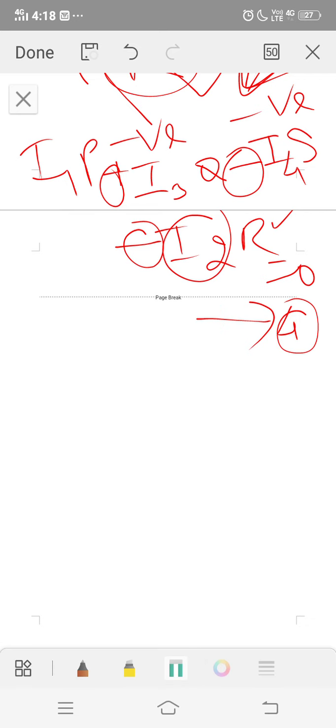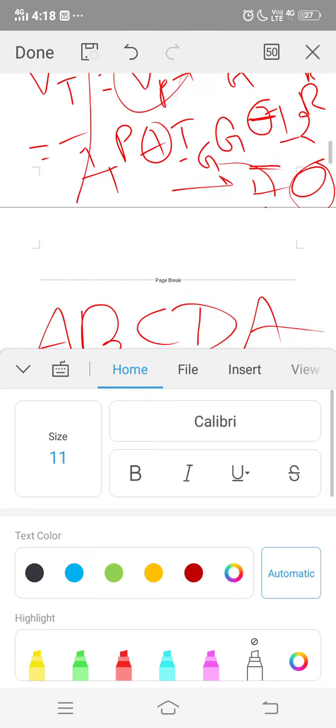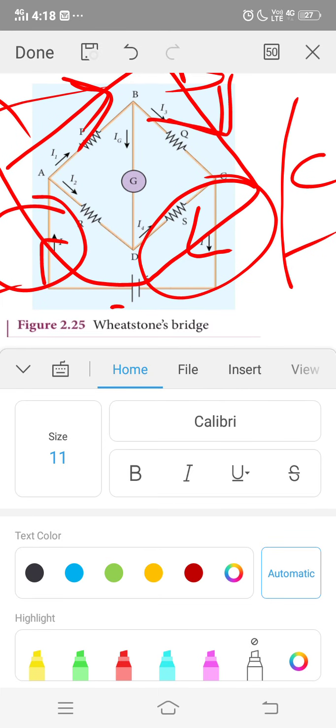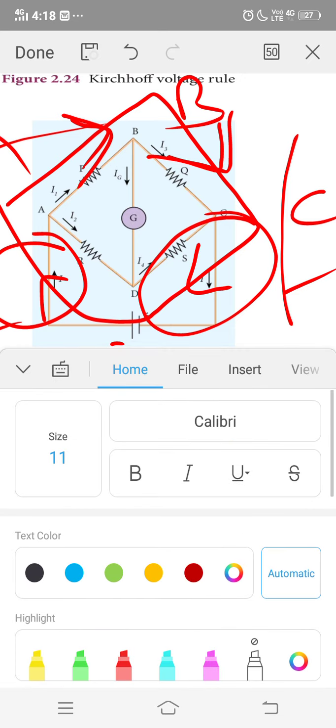And then finally what will we get? The equation becomes... Here, what the Wheatstone bridge actually means is that at one particular current, the voltage drop across the galvanometer gets balanced. When the potential reaching points B and D is the same, the current is also the same.